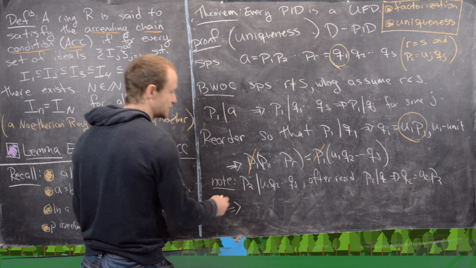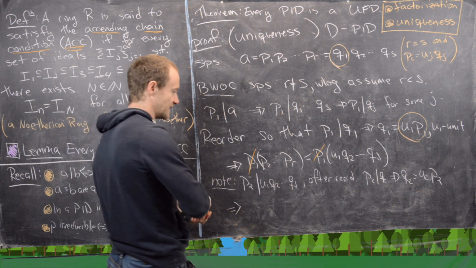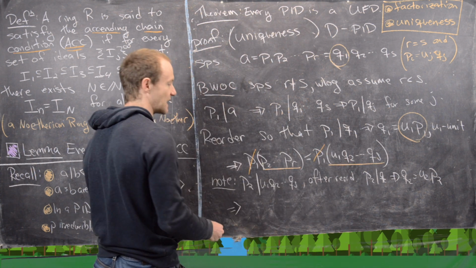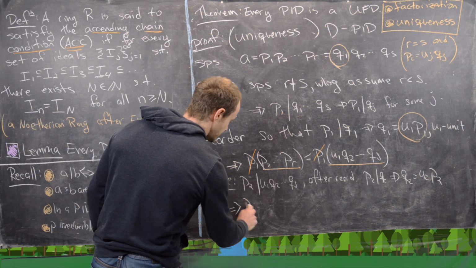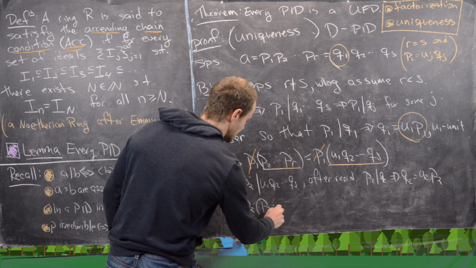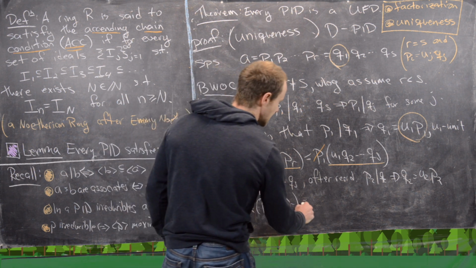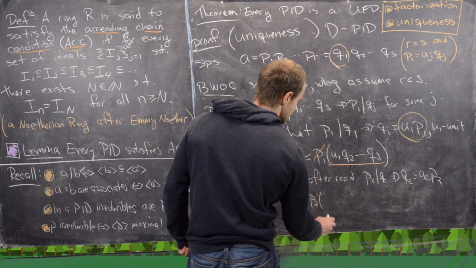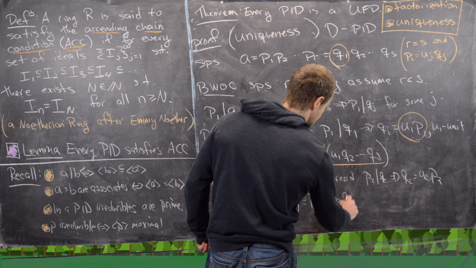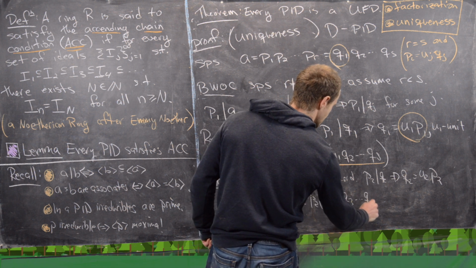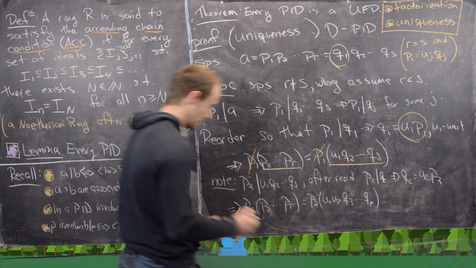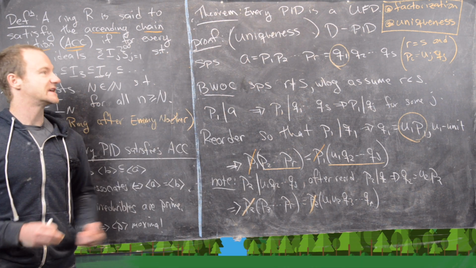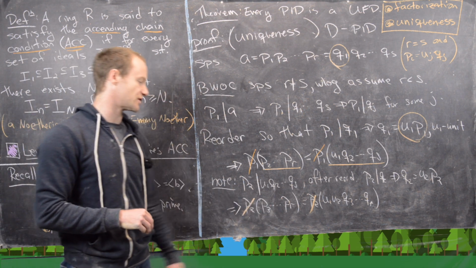But now back into this remaining equation that's left over, we can replace the Q2 with U2 times P2. So we have P2 times P3 all the way up to PR equals P2 times U1 U2 times Q3 up to QS. Great. But then again, we can cancel the P2s.